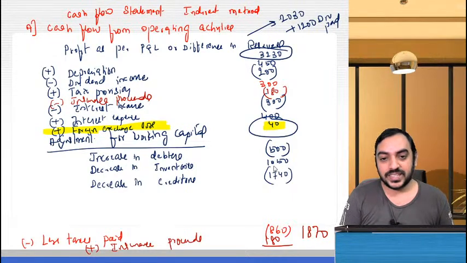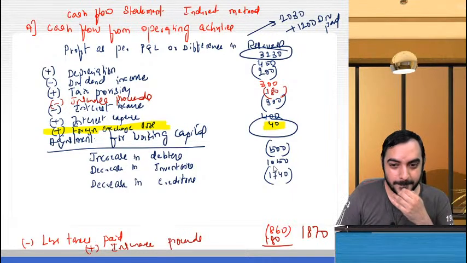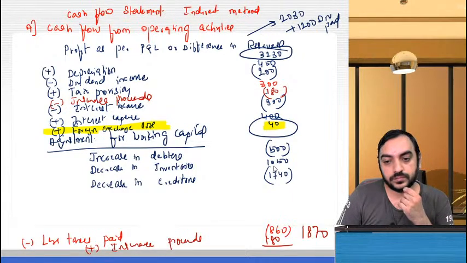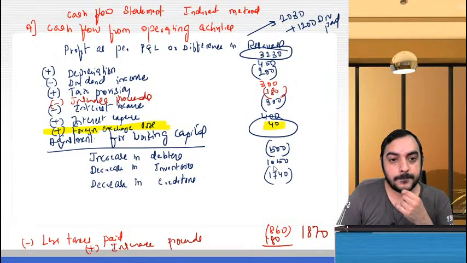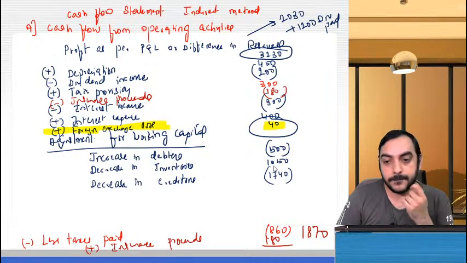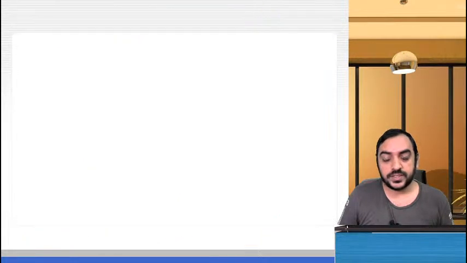I think you are getting it. 1870. Okay, so operating activities 1870.